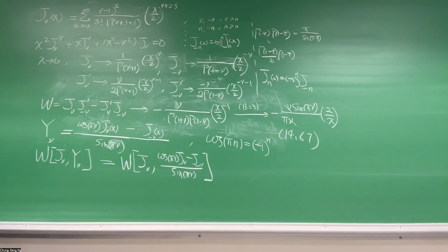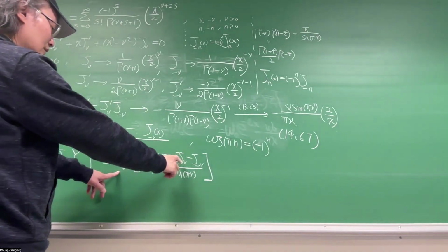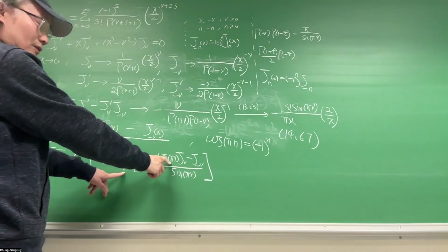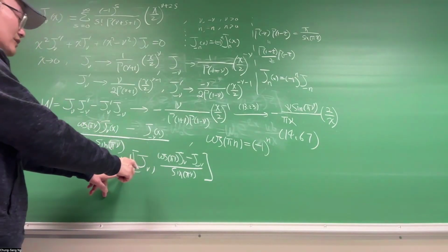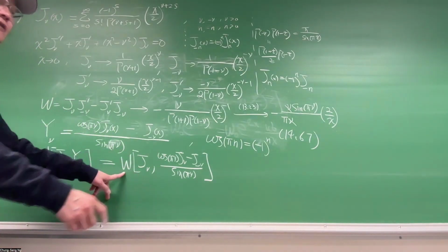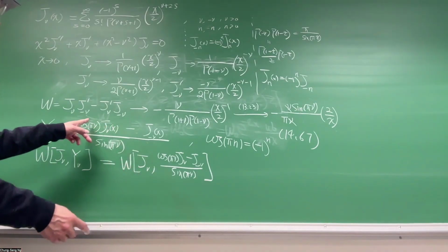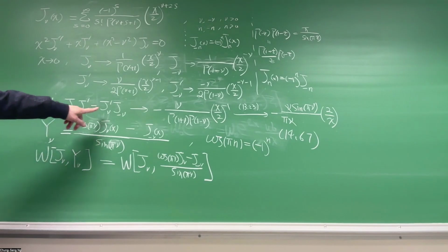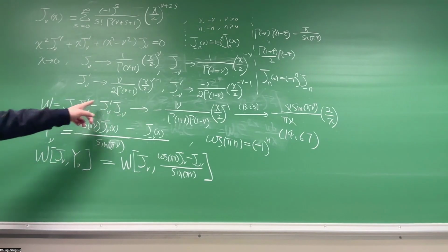The Wronskian for the first term in the second slot will give you 0, because we know that the Wronskian of J nu and J nu is 0, by the definition of the Wronskian: if both are the same, it's J nu J nu prime minus J nu prime J nu, which is totally 0.